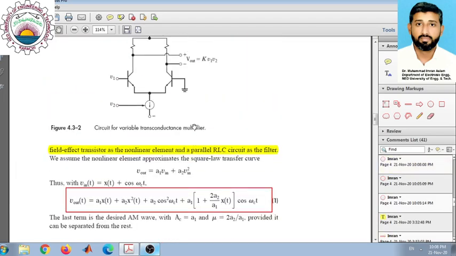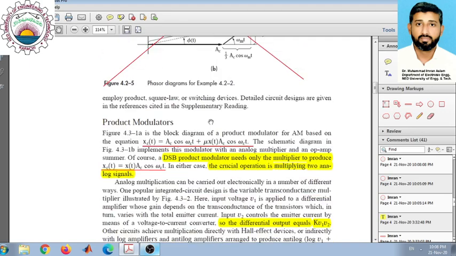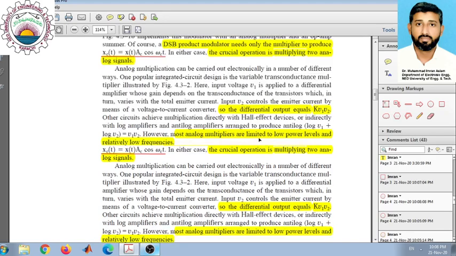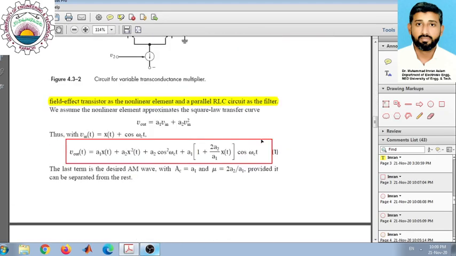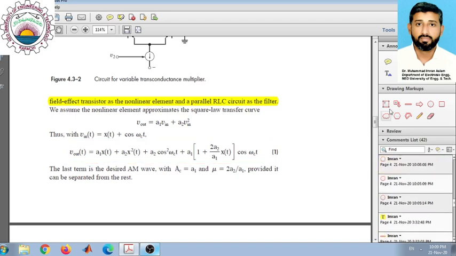Let me quickly go back to the basic form of the AM signal. In an AM signal, we need a constant term Ac cos omega ct, or you can take it as common, and second you need the product of x(t) and cos omega ct. If you compare this with the output here, the last term is of the form of the AM signal.